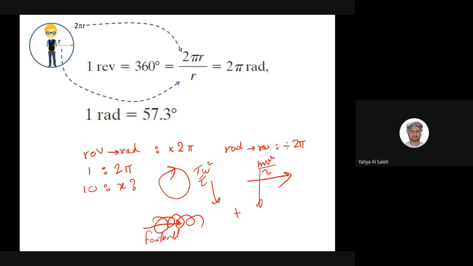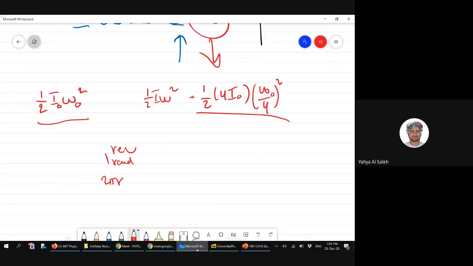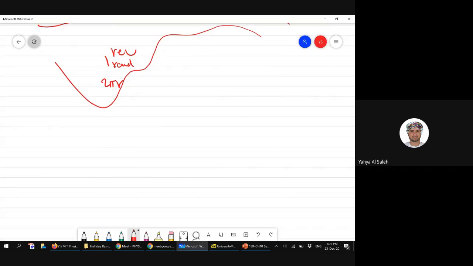Okay. So what your friends answered you how to do it, but generally speaking, when you want to change units, what you do is you change them one at a time. Say for example, I have 20 kilograms meter squared per minute.